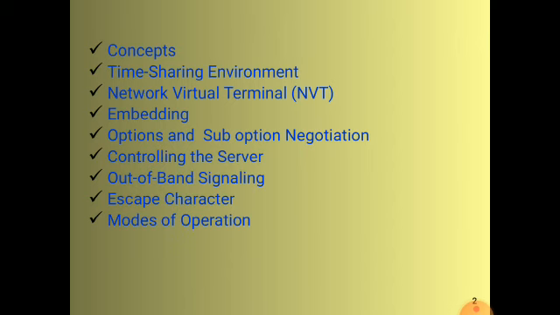Keep in mind, because a question might be asked on this point in the university examination, for the MCQ. So Telnet uses the services of the TCP protocol for the communication between client and server. One more thing, it uses port number 23. So this is the basic concept, how we can configure it and how we can access.